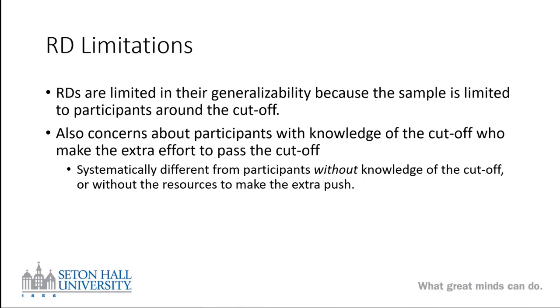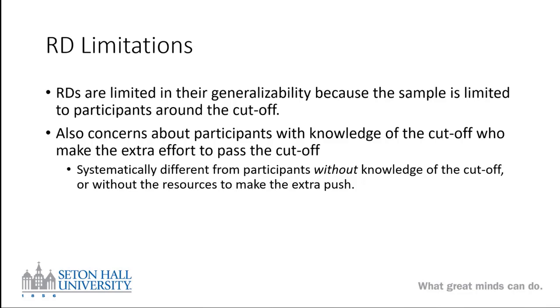And then the last concern with regression discontinuity that is becoming more of a concern in the last few months actually is participants with knowledge of what that cutoff is are going to make a little bit extra effort to pass the cutoff, right?